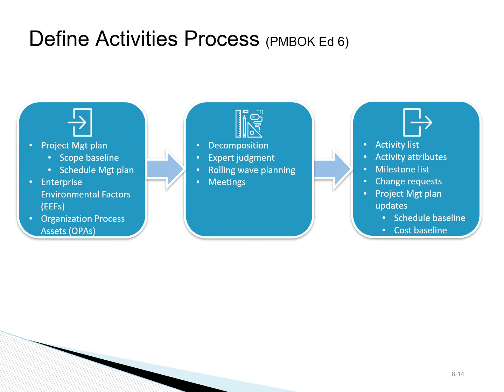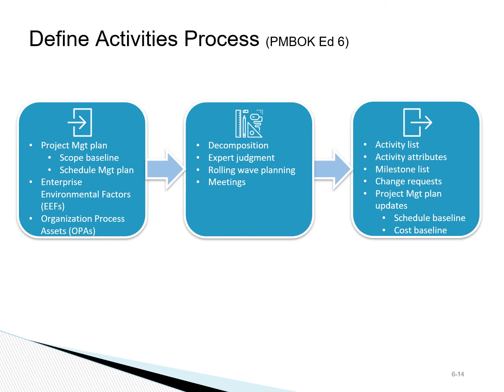This process uses the scope baseline and schedule management plan, as well as considering the organizational factors and organizational processes, and produces a list of activities and their attributes, such as their duration, the resources that they require, and produces a list of milestones for the project and the baseline for the schedule and cost.